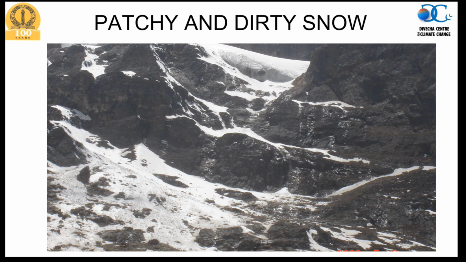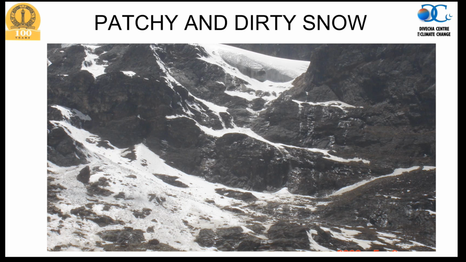So it becomes very patchy snow, and many times the contaminants present in the snowpack get filtered out and come onto the surface because of the filtering processes. So it looks like patchy and dirty snow, and this snow has slightly lower albedo or reflectance than fresh snow.